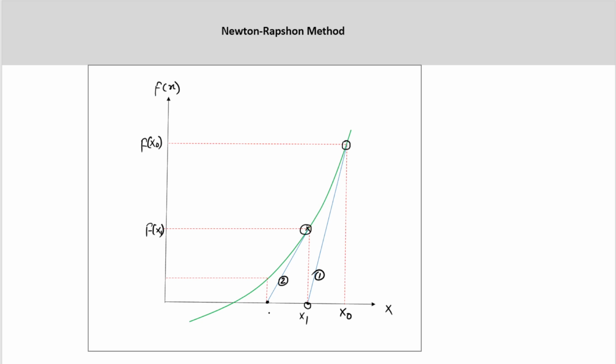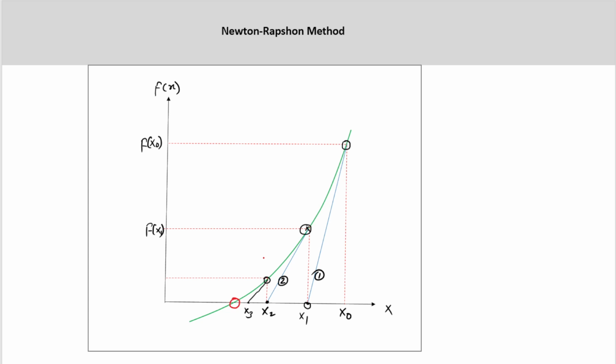Another point we will get is the value x2, and from here we will repeat the procedure and again draw the tangent and find the point x3, and we keep on drawing the tangents till we approach our solution, that is the root of the particular polynomial. So this is the method. This is the graphical representation of the Newton Raphson method.